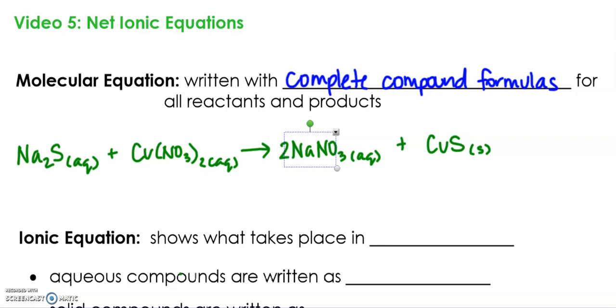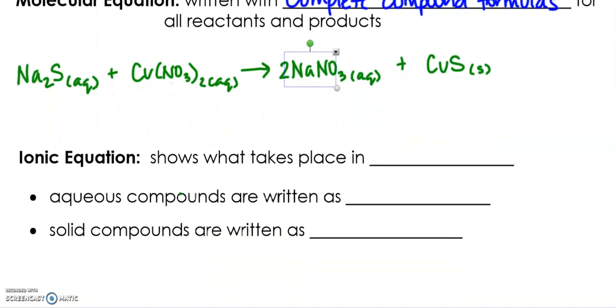Now that we know that ionic compounds can ionize, let's write an ionic equation. This is an equation that shows what takes place in solution. All of our ionic compounds that are aqueous will separate, will dissociate.